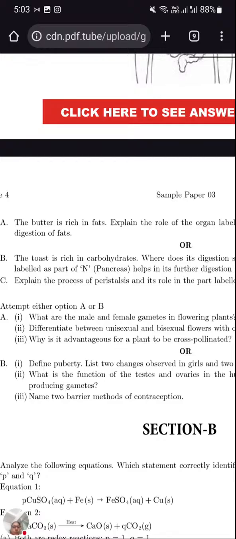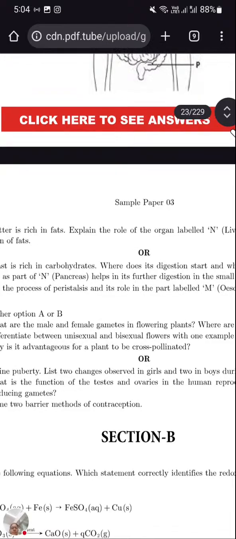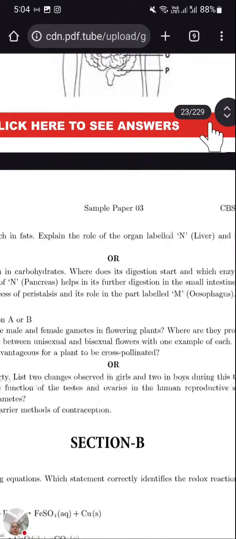So the first question was related to toast. Toast was having butter, so the butter, or the oil, got digested with the help of the liver. And then the next one, carbohydrate, is digested by pancreatic amylase and salivary amylase. Now the next one: explain the process of peristalsis and its role in the part labeled M, the esophagus.